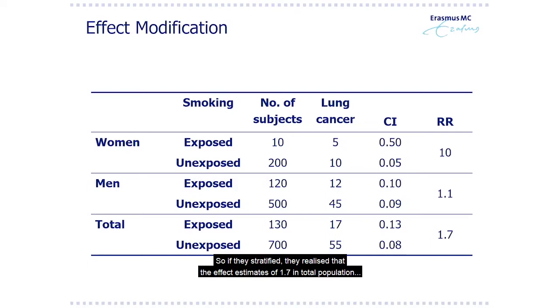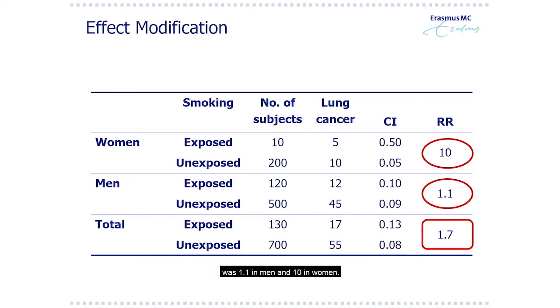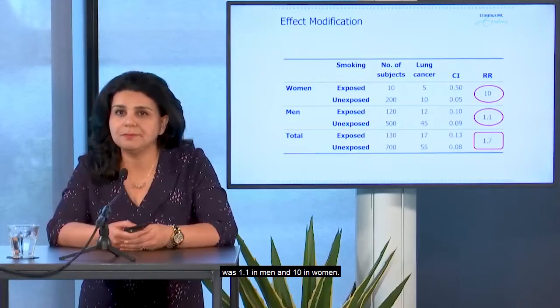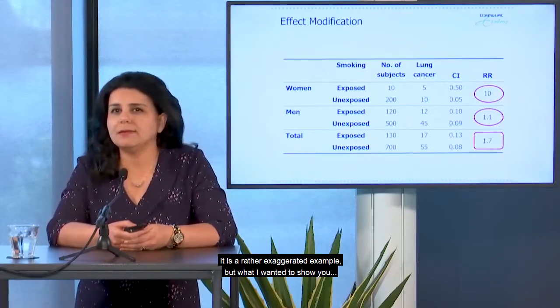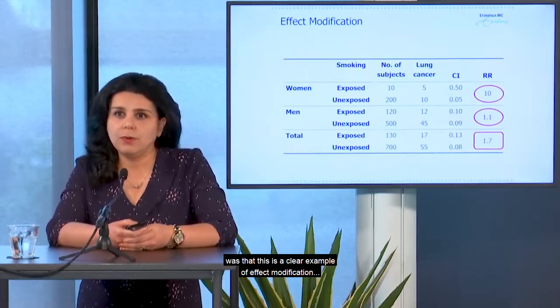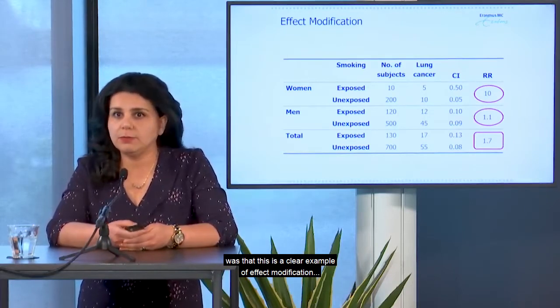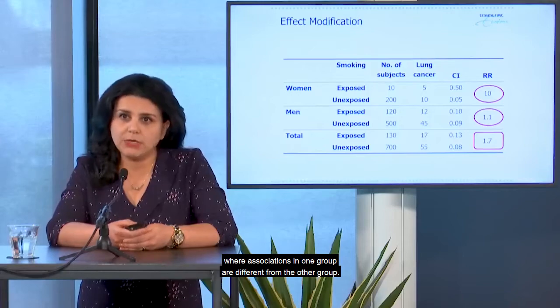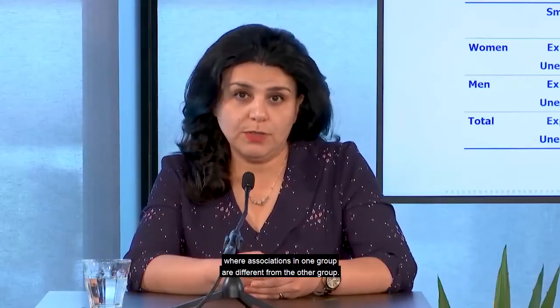They realized that the effect estimate of 1.7 in the total population was 1.1 in men and 10 in women. It is a rather exaggerated example, but what I wanted to show you is a clear example of effect modification, where the association in one group is different from the other group.